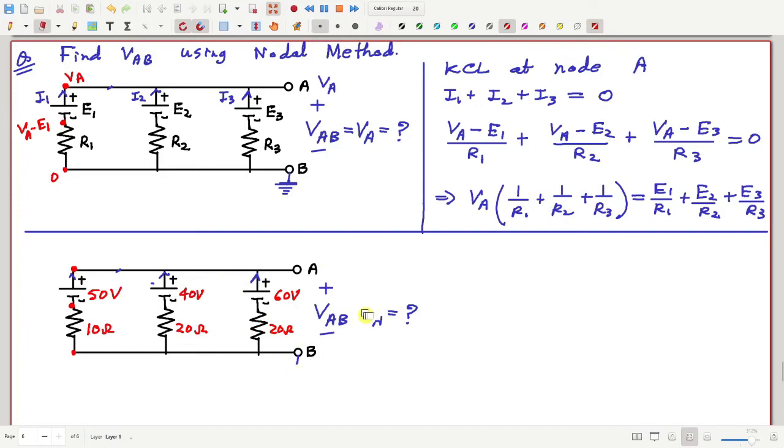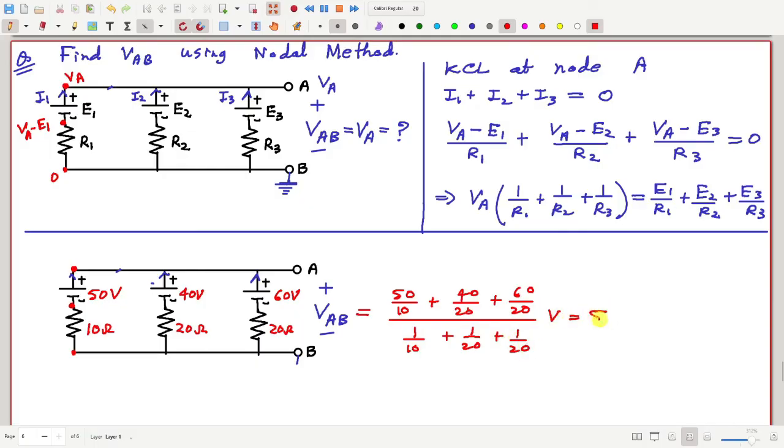How much will be VA? You can use this previous result. So that will be 50 by 10 plus 40 by 20 plus 60 by 20, divided by 1 by 10 plus 1 by 20 plus 1 by 20, which is 50 volt.